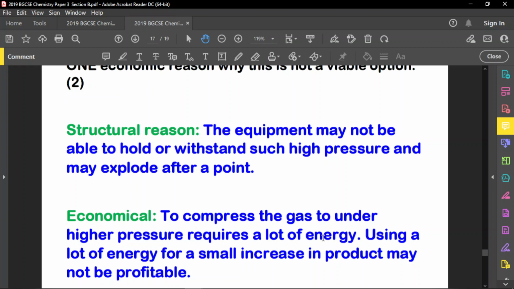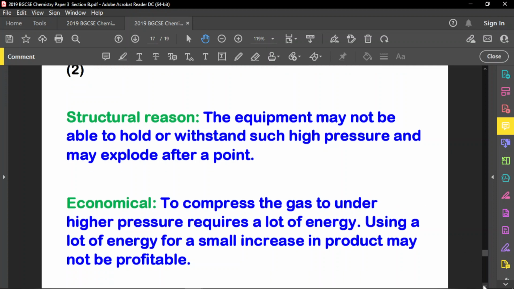And to use more energy, of course, your electricity bill will increase. So using a lot of energy for only a small increase in the product may not be profitable. If you're going to get a larger increase, yeah, that may make sense. But if a small increase, why bother? Because you're spending much more than what you're actually getting out at a certain point. So therefore, it doesn't make sense.